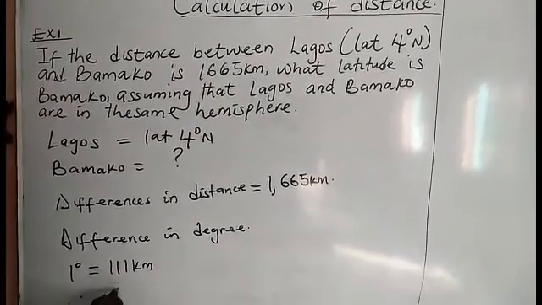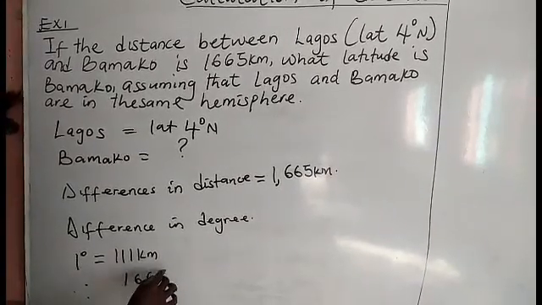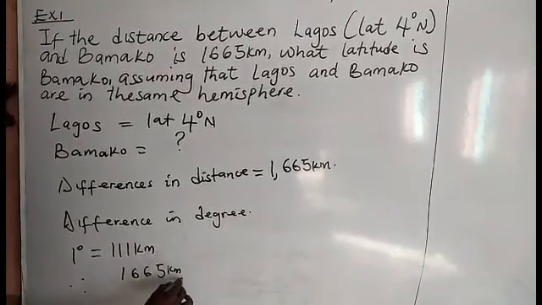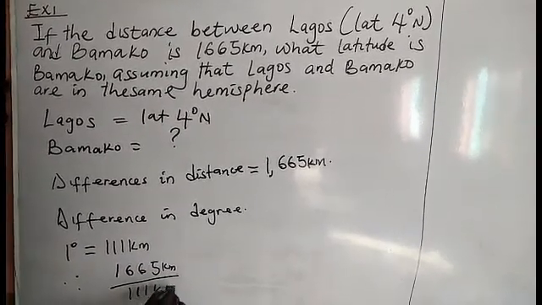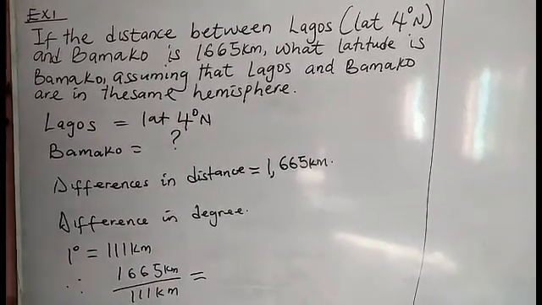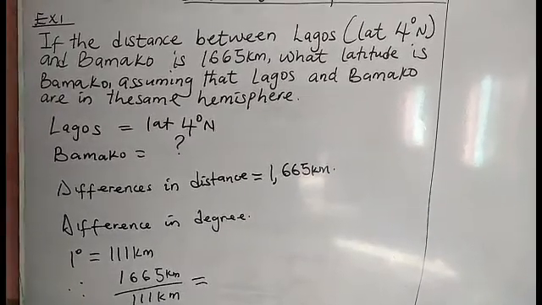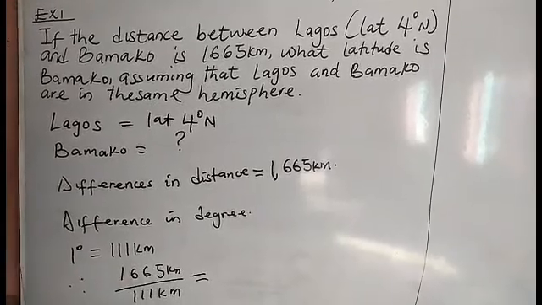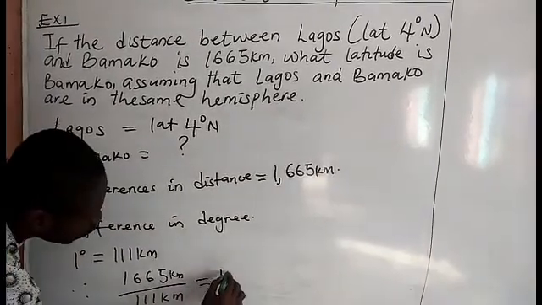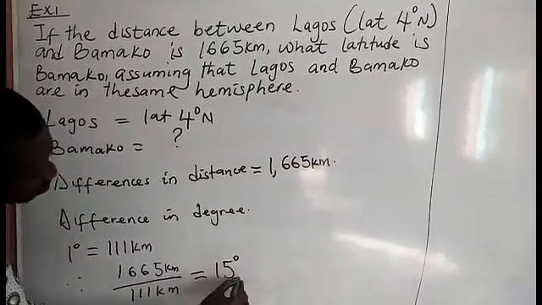Therefore, our differences in degrees is 1,665 kilometers divided by 111 kilometers. Our difference in degree is our distance divided by 111 kilometers, and this will give us 15 degrees.